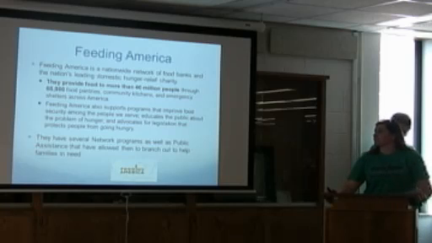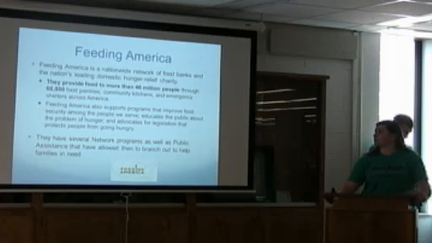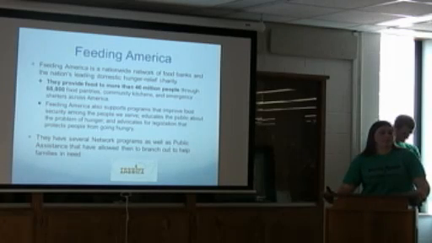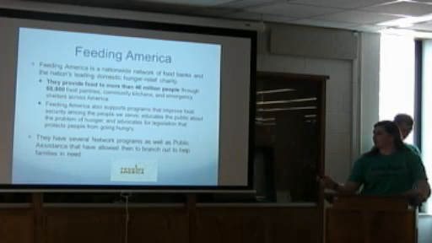Number one organization is Feeding America, and they provide more than 46 million people, and they have over 60,000 food pantries nationwide. They are also supported through Red Cross and Blue Shield, and that's where you hear most of them come through.